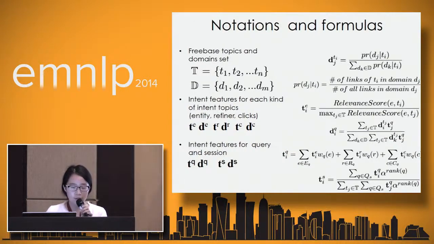So different kinds of intent topics have 2 kinds of intent features, and based on that, we can get the feature of the query and the session. Because we have different confidence for different kinds of intent topics, we use a weight function to control the impact of different kinds of intent topics. We'll later show this in experiments.